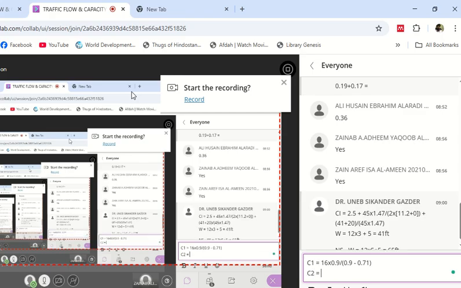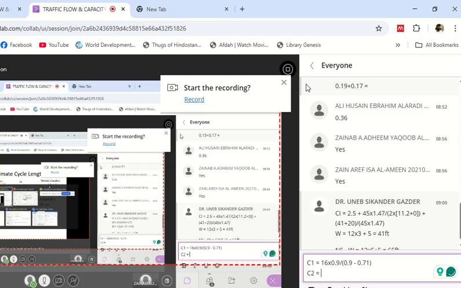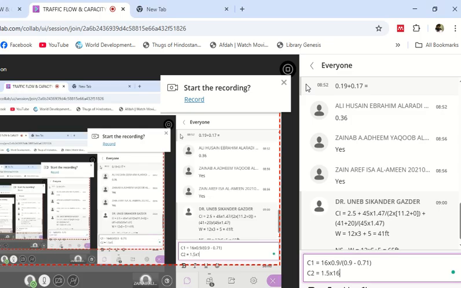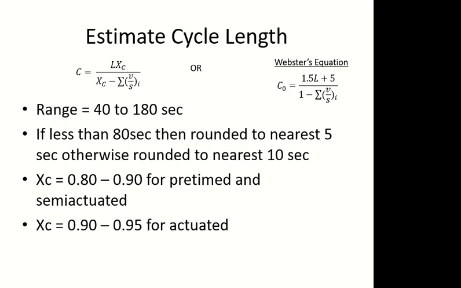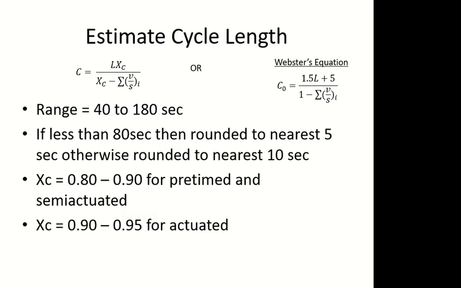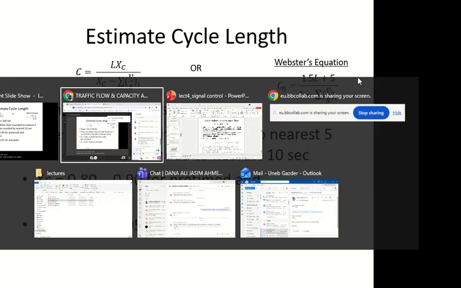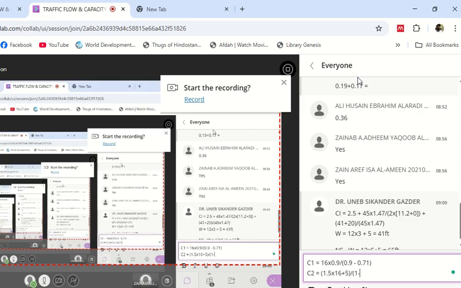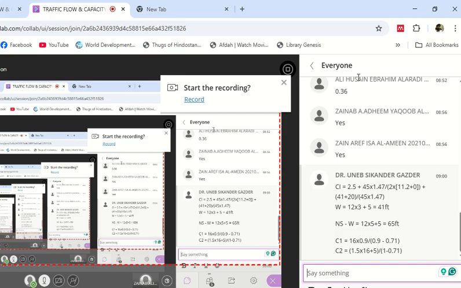The second one will be 1.5 into 16, the lost time, plus 5. Now you can see there are many constants here, 1.5 the constant, 5 the constant. From where is it coming? We don't know. This is why this equation is empirical. So you can have these two values of cycle length from here.